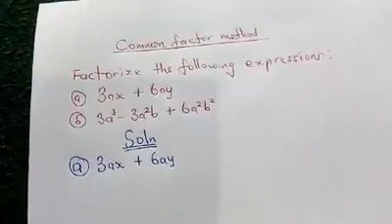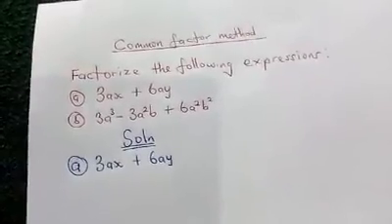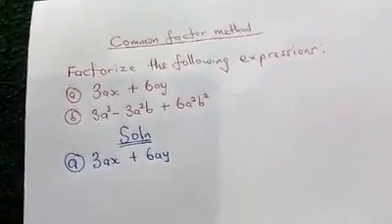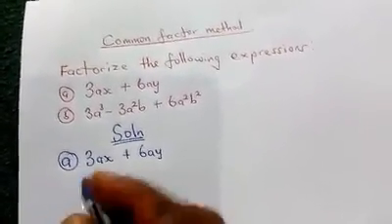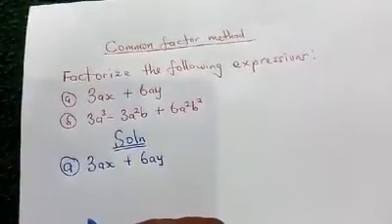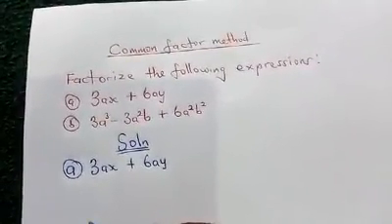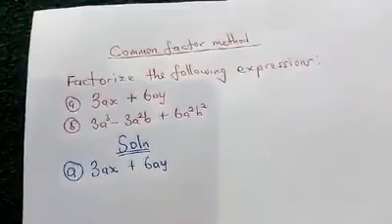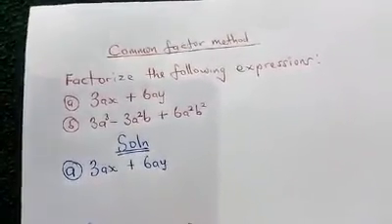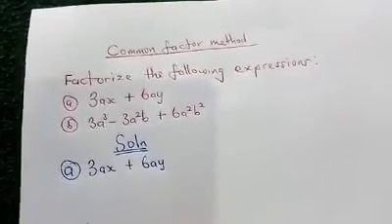But with all these factors, we are going to pick the highest common factor. So for 3 and 6, the common factor is going to be 3. And definitely that is the highest common factor.